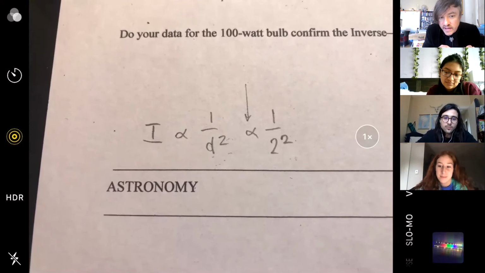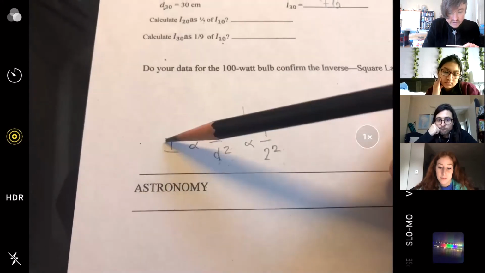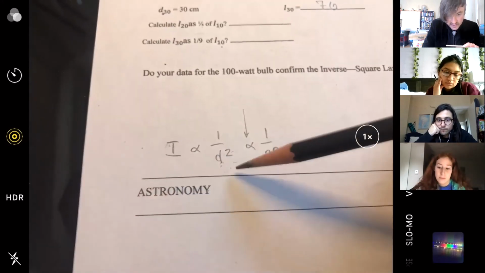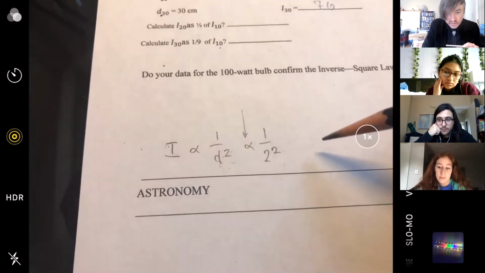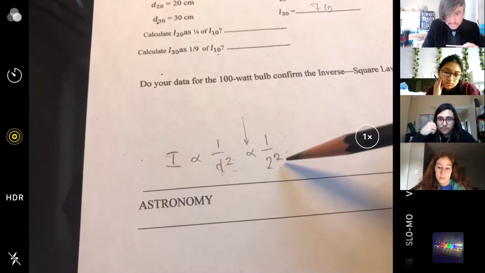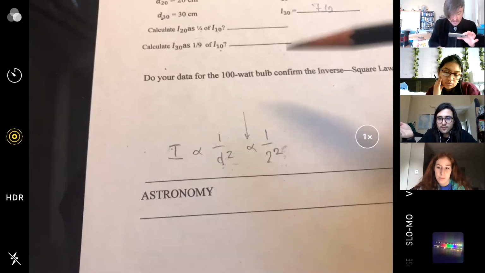Okay, so how do we use that? It tells me if you change the distance by this many times, the intensity will drop by that many times. How many times did we change the distance again, Mateus? Twice. So by what factor will the intensity change? 1/2. No. Square, like you said, right?